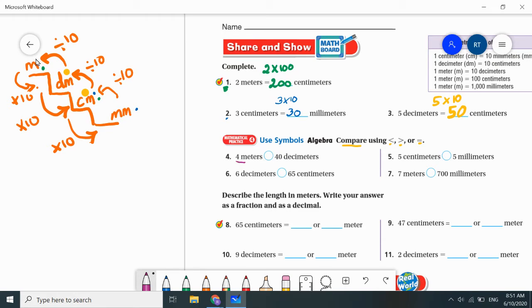So I am here at 4 meters and I need to go to decimeters. Okay, so from larger to smaller, I'll multiply by 10, so 1 0 only. So 4 times 10, it's 40. So is the 4 meter greater than, less than, or equal? It's equal, yes, it's the same, they are equivalent. Question 5 here.